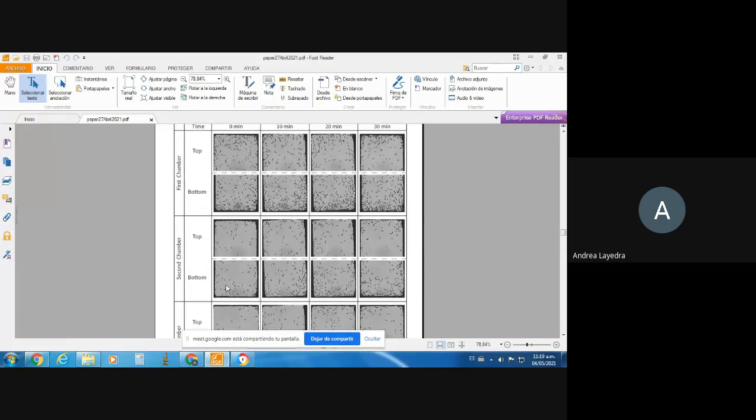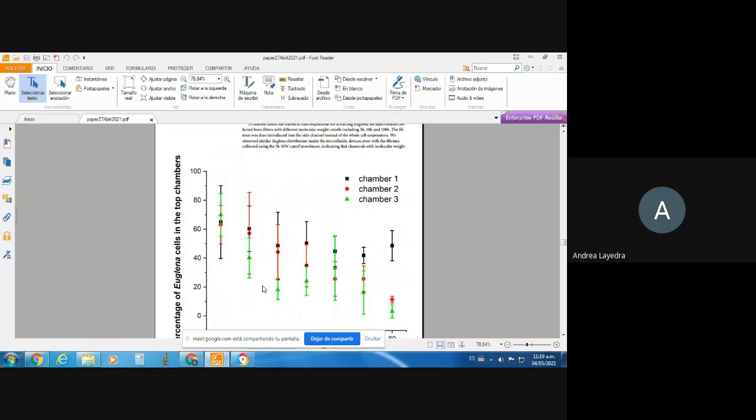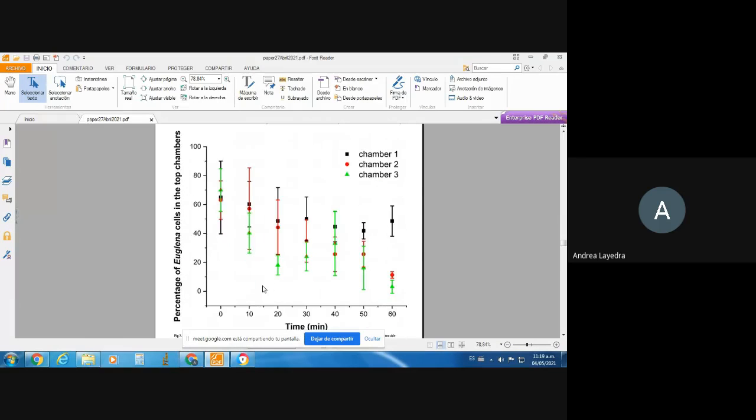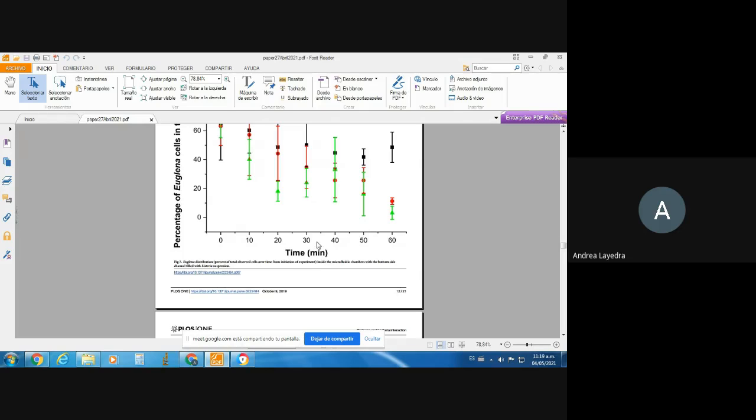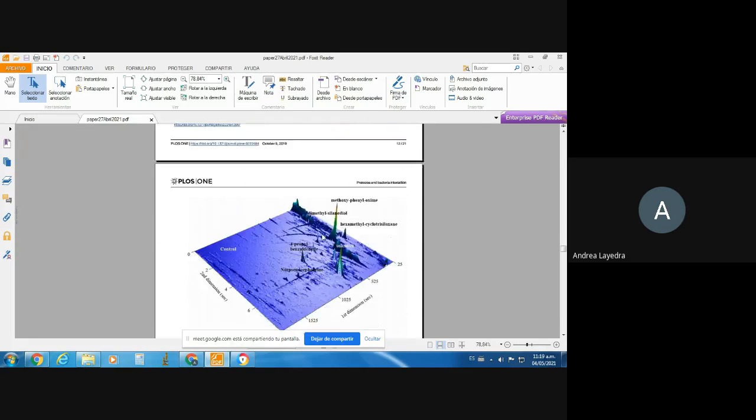Here you can see in this figure the reduction rate of Euglena. This population change suggests that the chemicals released by Listeria attract the protozoa.